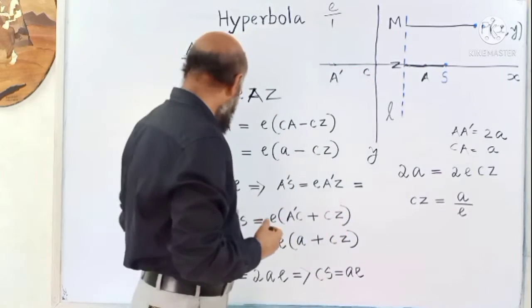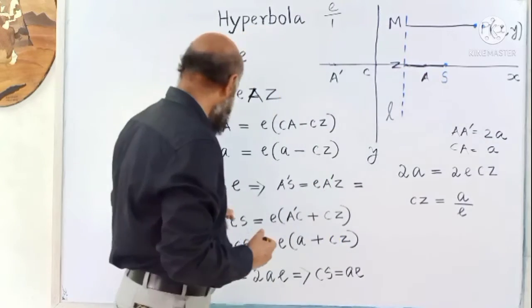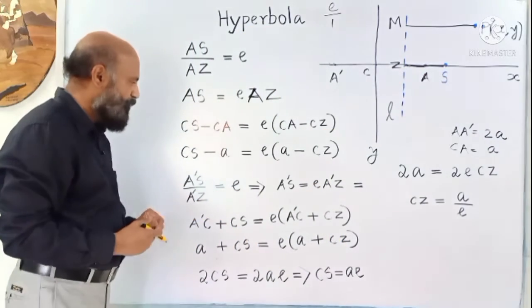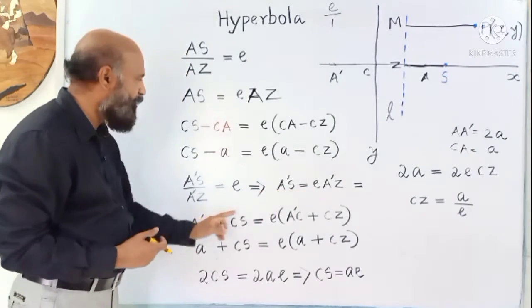So A dash S divided by A dash Z is e by 1. Now from this we can write A dash S is equal to e A dash Z.